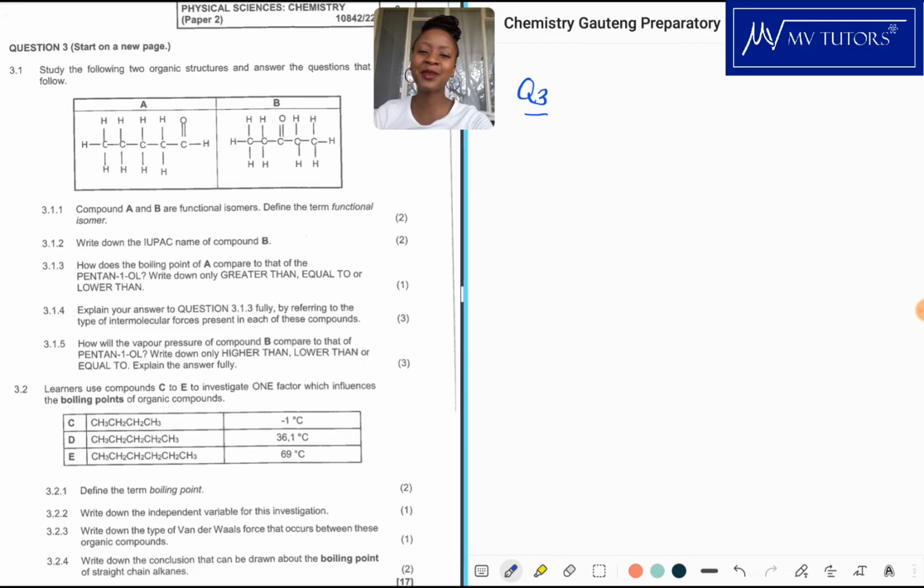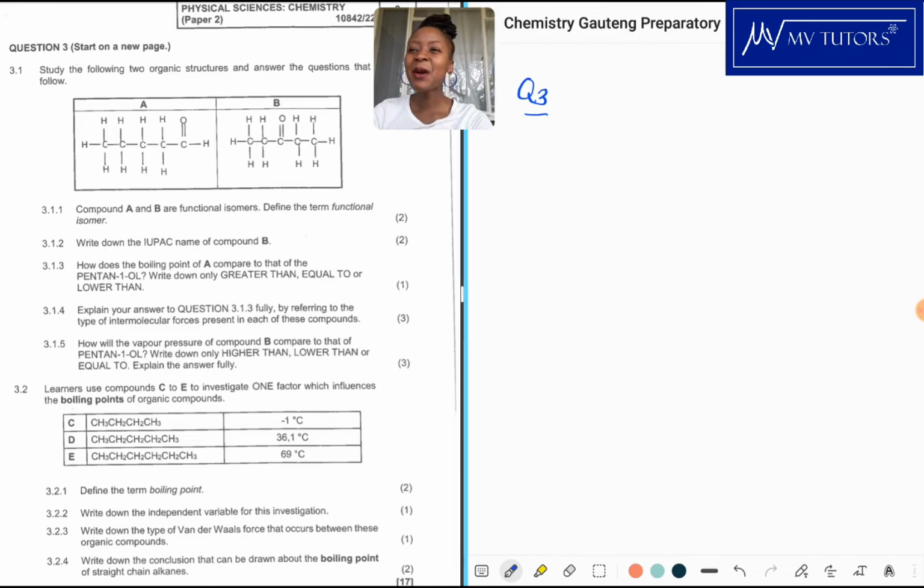All right, so we can see from A that we have an aldehyde, because the double bond is at the end. Whether it's at the beginning or the end, it's still at the end. So it's an aldehyde. So we have 5 carbon atoms, so it'll be a pentanal.